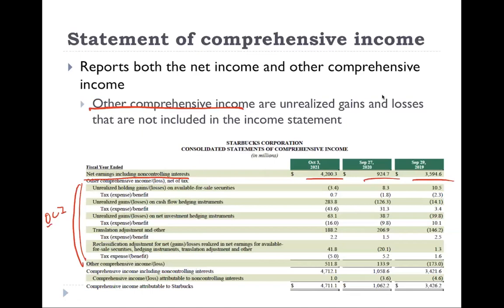Net income plus other comprehensive income is called comprehensive income, and the statement of comprehensive income reports it.